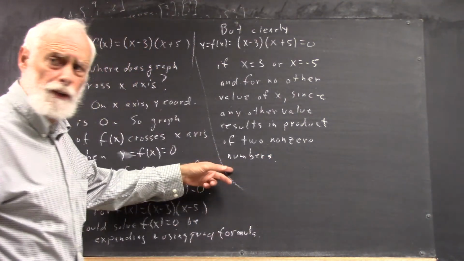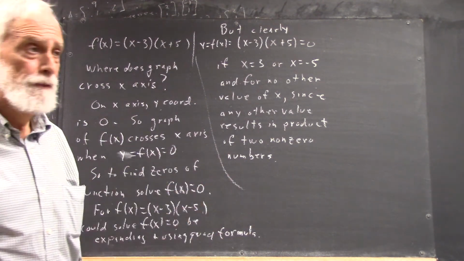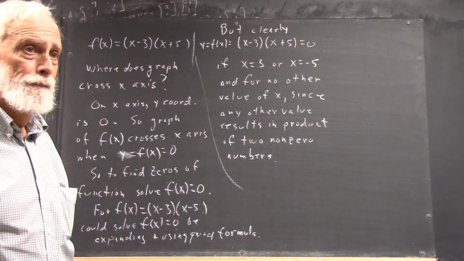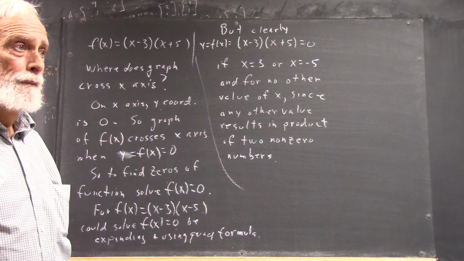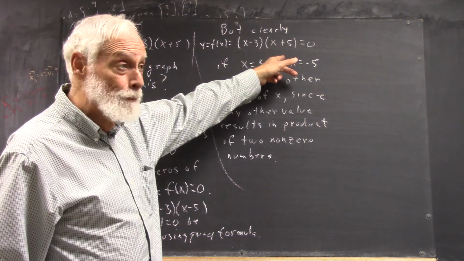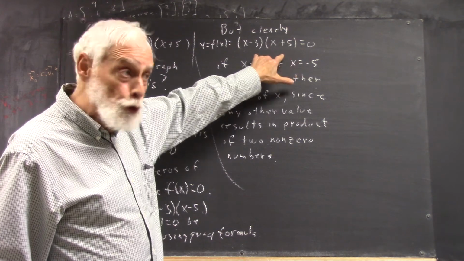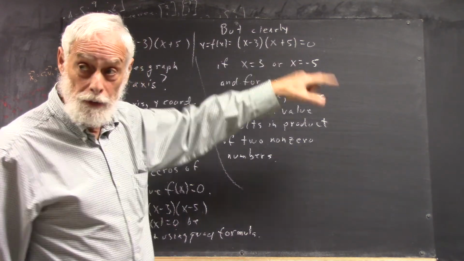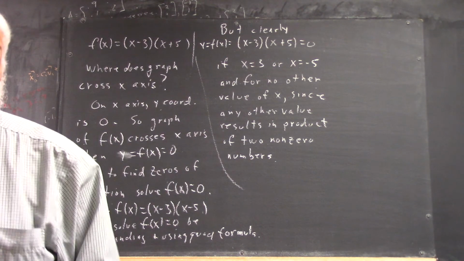That statement makes sense? What am I saying? Just what I said. If x isn't one of these numbers, then neither one of these is 0. So you have two non-zero numbers and you have the product of them. Try to digest that statement.